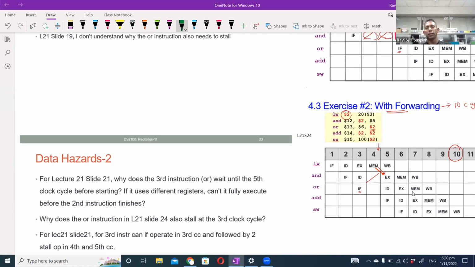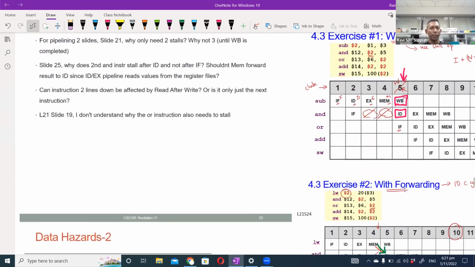So I need to make sure that it is forwarded to the EX stage. So I stall it in the decode stage so that the moment I get the data, I can do the forwarding and my instruction can move on to complete the EX stage. Again, it comes back to how the hardware is designed for forwarding.